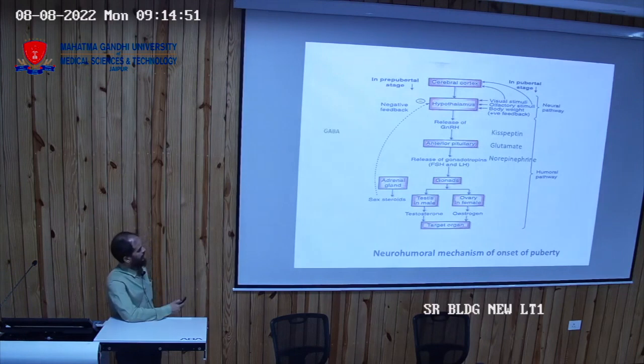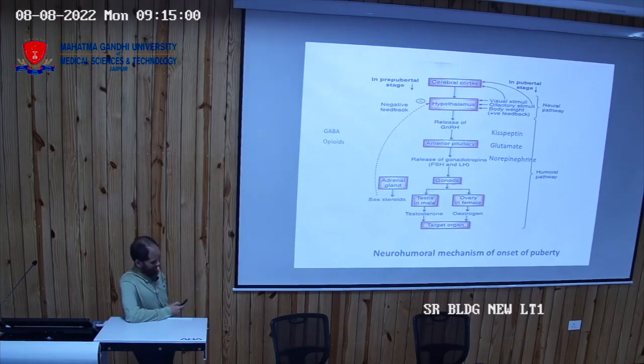Also there are inhibitory neurotransmitters which are inhibiting this hypothalamus, that is GABA, then opioids, then melatonin and neuropeptide Y. These are inhibitory before the onset of puberty. So it is causing less release of GnRH.